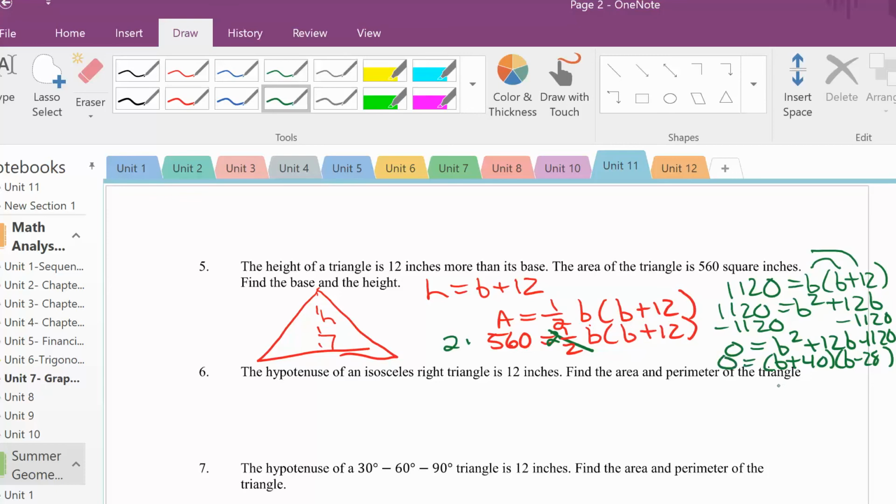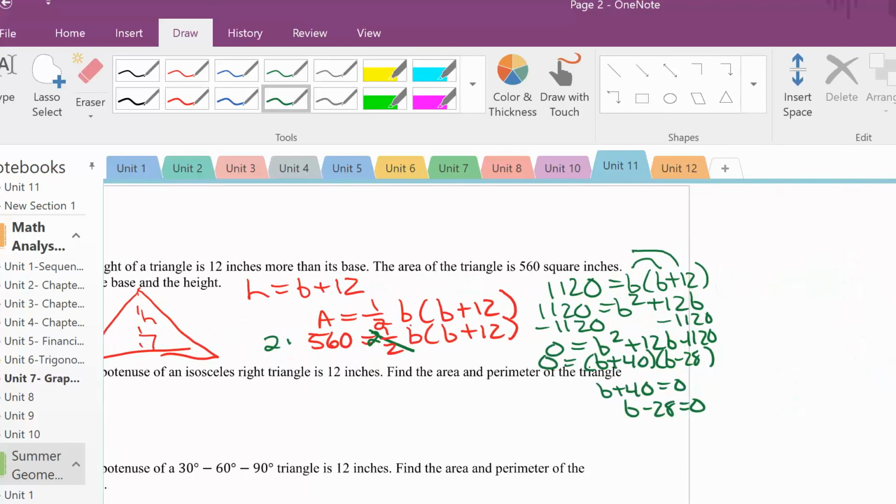So when you set each one equal to 0, you get b equals negative 40 and b equals 28. Well, b can't equal negative 40, so b is 28. So the base is 28, and the height is 12 inches more, which is 40.